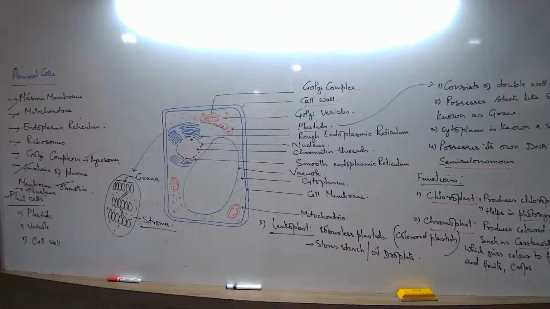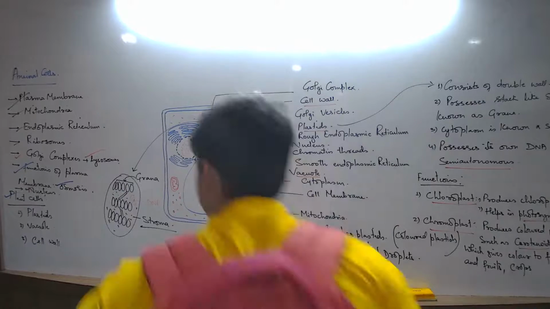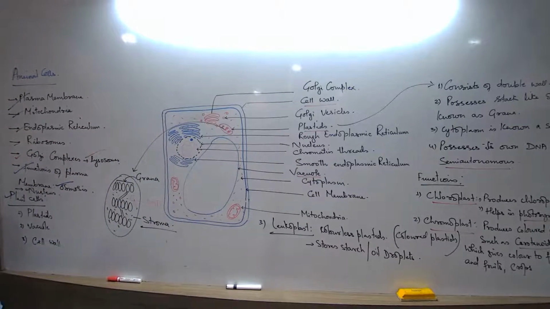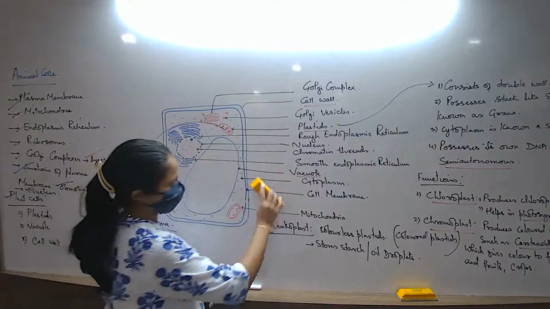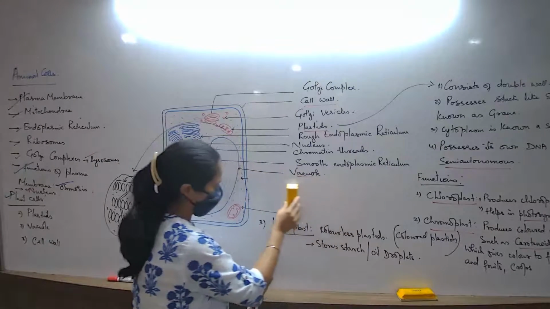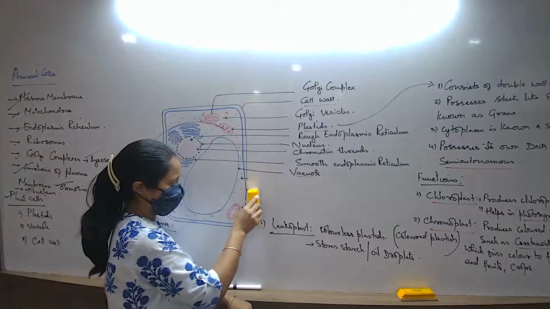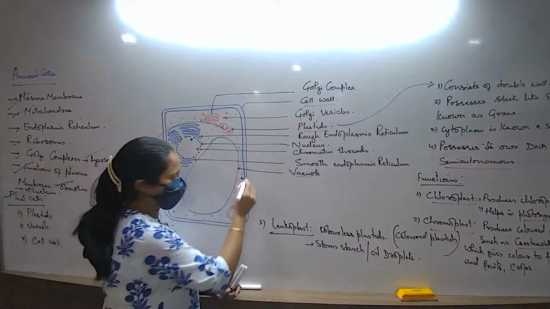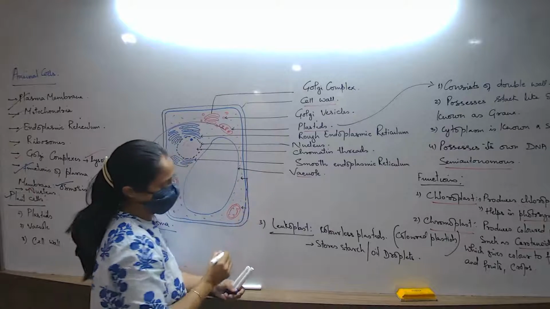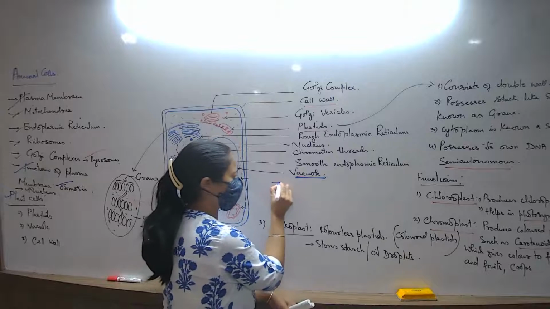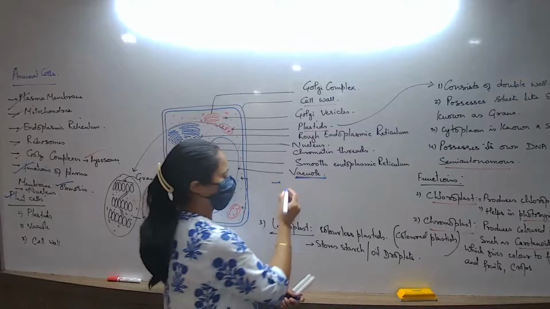The last organelle that we have to talk about is, what is the other organelle left? Vacuole. Let us learn about the vacuole. Now, वैसे तो vacuole, the parts very simple. Let us only learn one basic term with reference to vacuole. Vacuole, when we talk about, what are some of the features of vacuole?